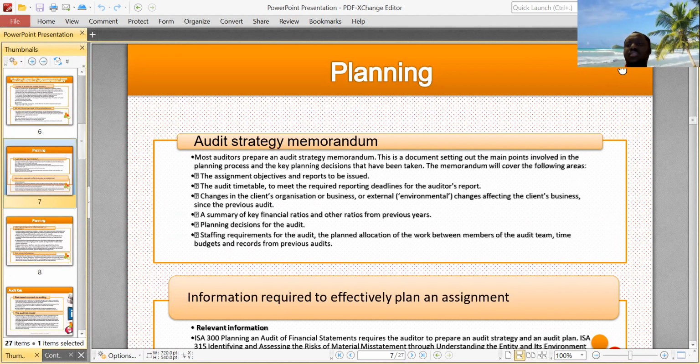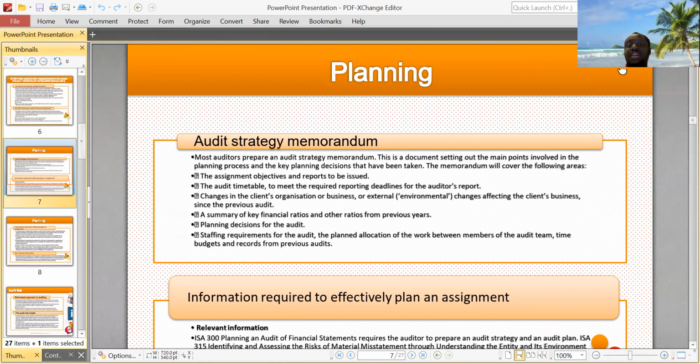What is audit planning? We cannot talk about audit planning without talking about the Audit Strategy Memorandum. Planning is a strategic initiative, it's a strategic effort, to be able to outline the thought process behind an audit.